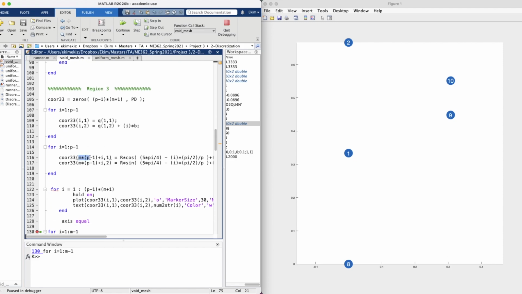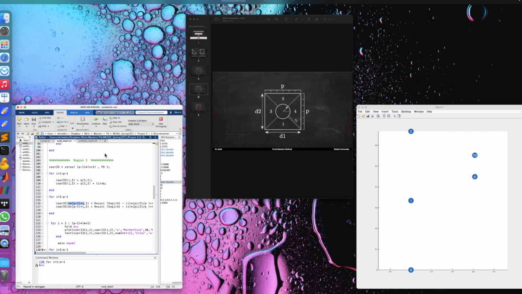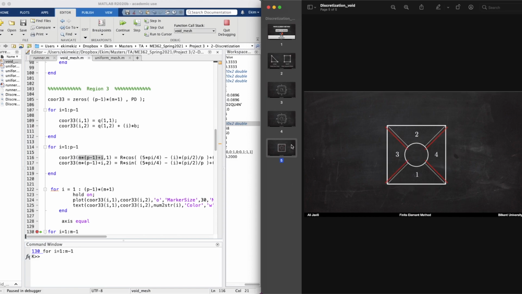This time it's m times p plus 1 plus i. Again, because we are skipping the diagonals.